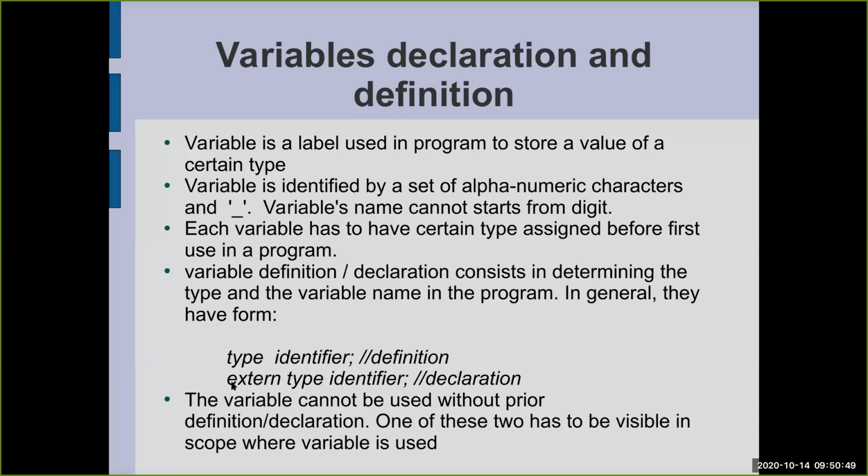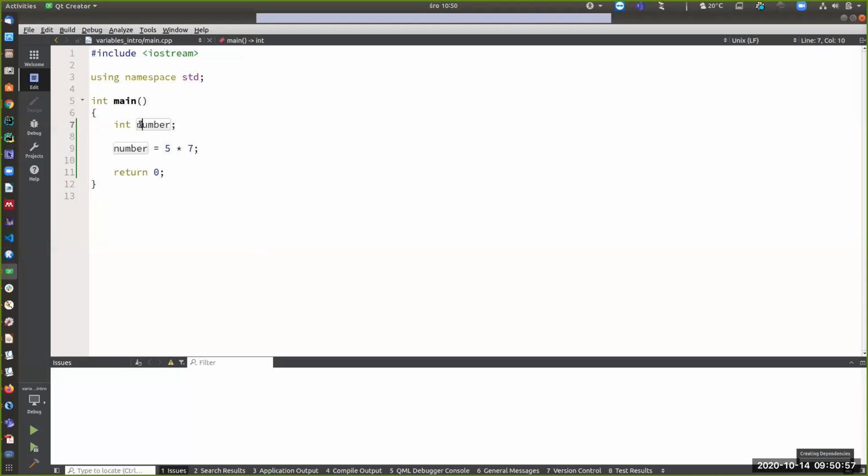But okay, it's not so important now. What about the naming convention? The variable name, this identifier, can be any set of characters, but there are some limitations. So we can't use spaces.